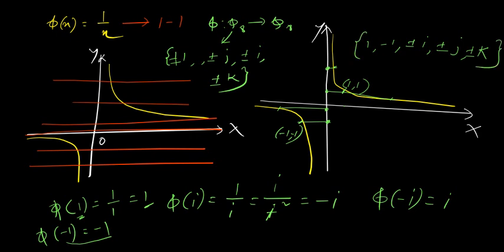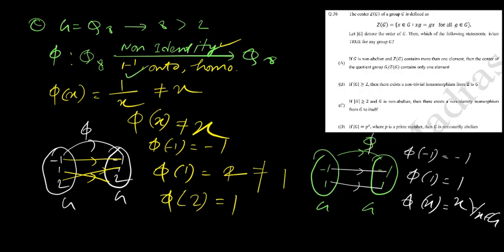So this is the range of the function phi, and this is Q8. So the range of phi is Q8, and the codomain is Q8. So range equals codomain, that means phi is an onto function. So phi is one-one and onto, non-identity.